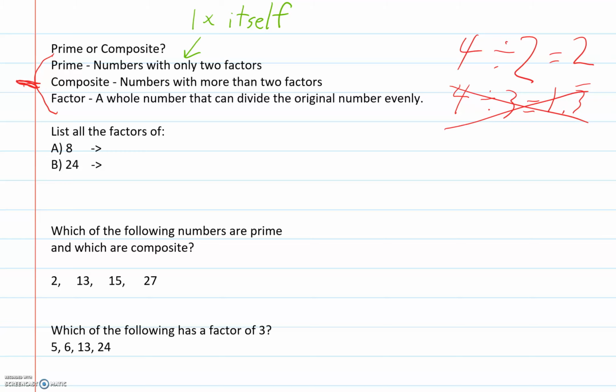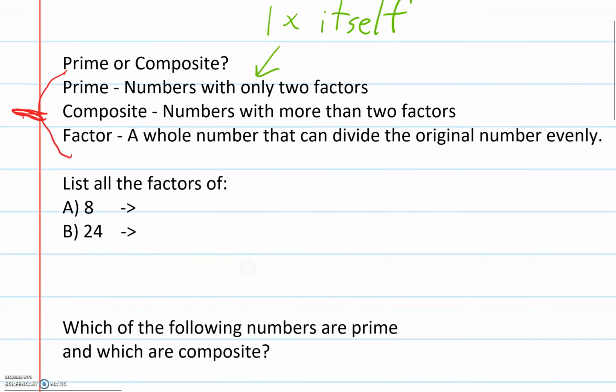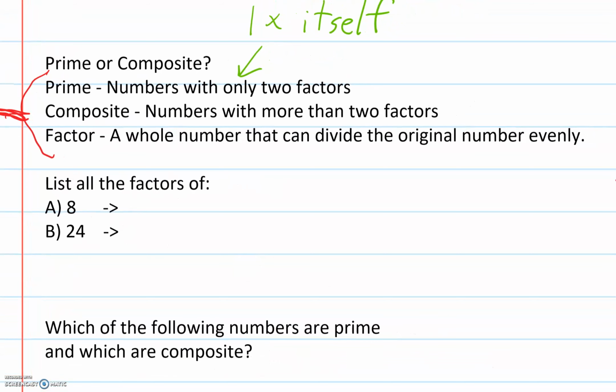Okay, let's take a look at this question here. It says, list all the factors of 8 and then 24. So let's do 8 first. All the factors of 8. So we know 1 can divide 8 evenly. 8 divided by 1 is 8. And that means also that 8 is a factor.